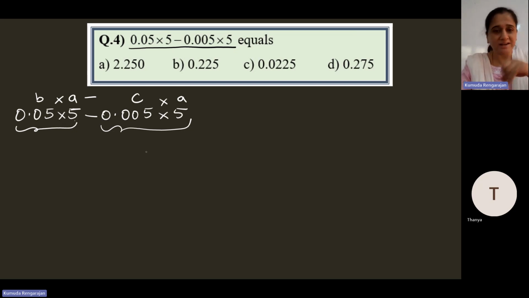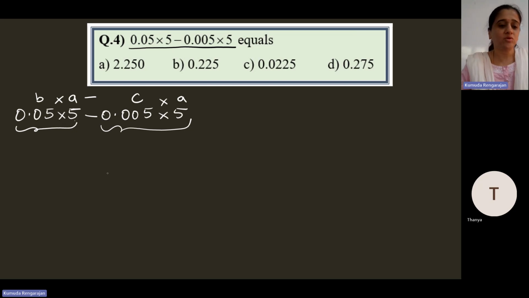One is 5, which is repeated, which is A. Then the second number is 0.05, we take that as B. And the third number is 0.005, which we take as C.